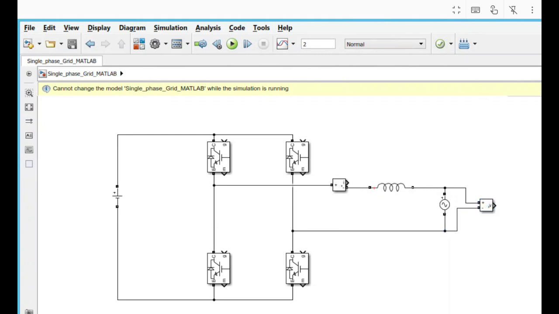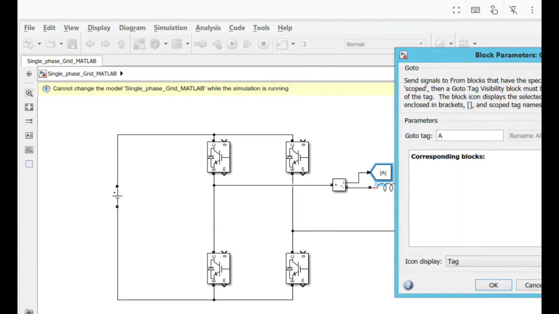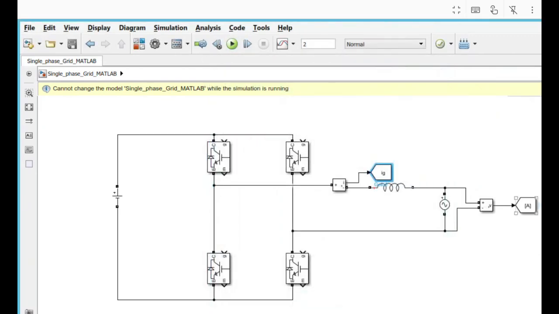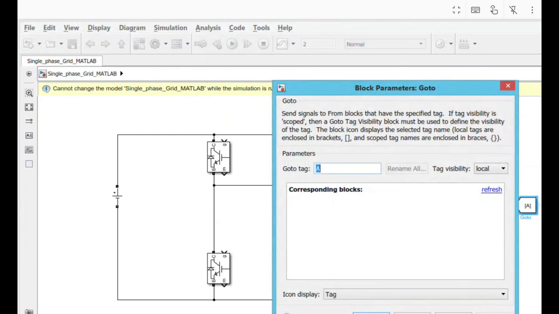Now we will be using the Goto block, and we are changing the name, that is IG, and making the tag visibility global, and here I am making this VG and the tag visibility global.